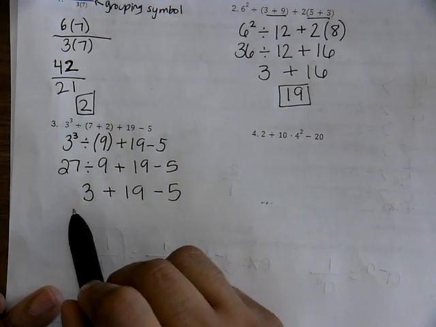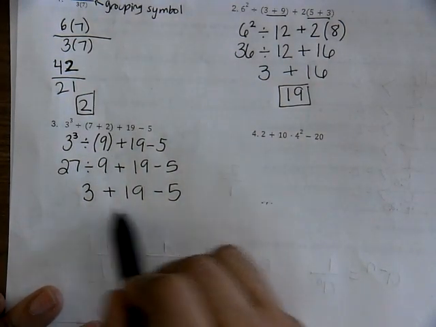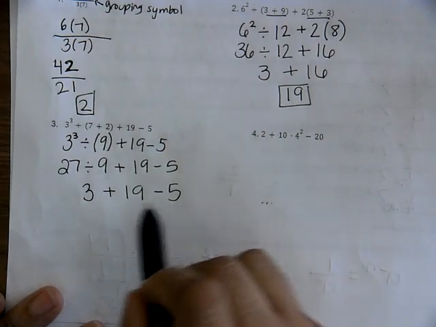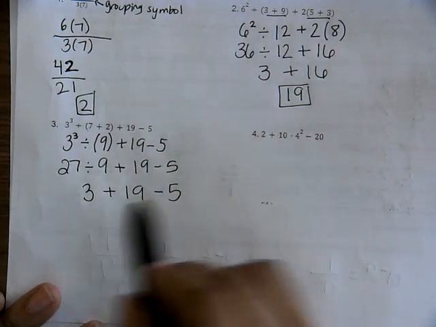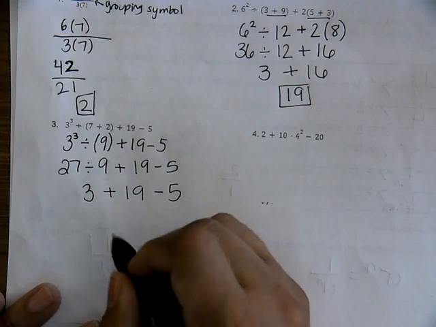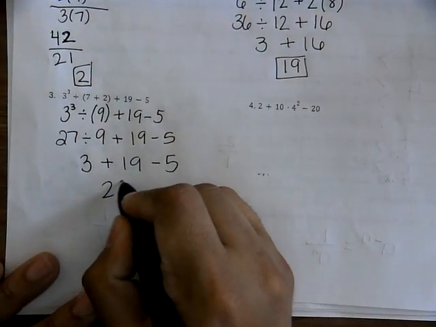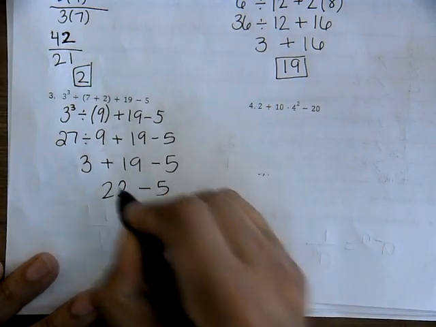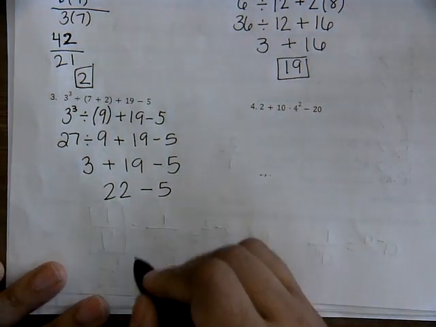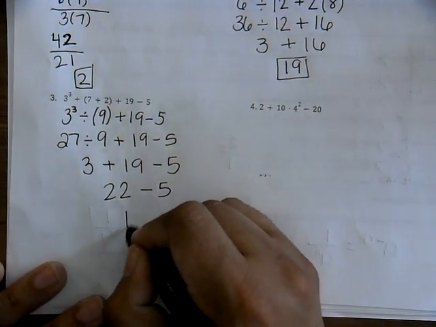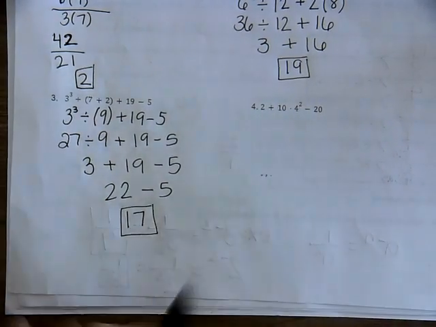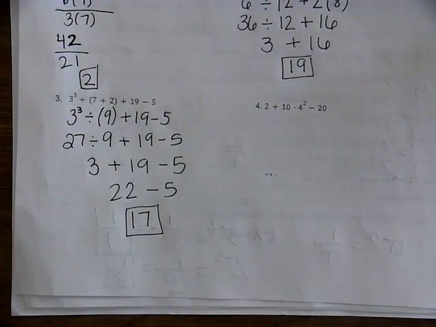Okay, now we're ready to do addition and then subtraction. Remember, whatever comes first from left to right. So addition comes first, so we have 3 plus 19 is 22, and then minus 5. So 22 minus 5 is 17. And we are done with that one.